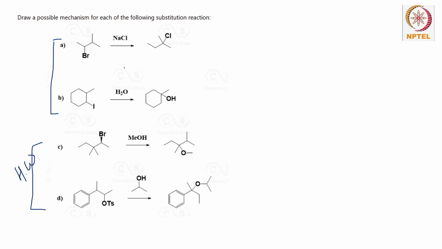Just give it a try so that you can get an idea, because mechanism is such a thing. If you don't draw by yourself, it will not get clear to you. By just reading things, you can't remember, because in every case the reaction is different. In every case the situation will be different. But if you try to draw it by yourself, you will get an idea.